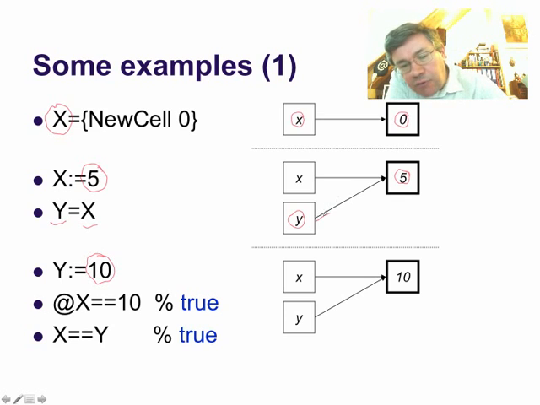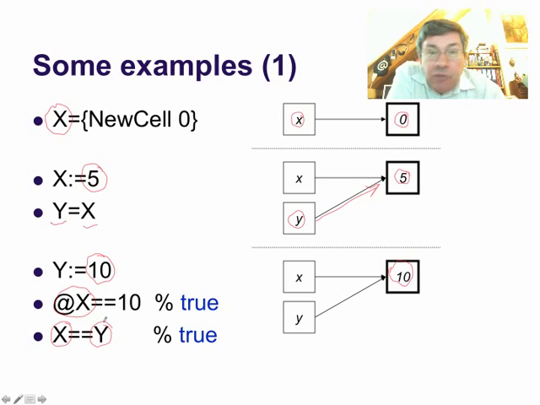Since y refers to the same cell as x, in fact we have changed this cell, this content to 10, and so x also has content 10. In fact, x and y refer to the same cell. They are bound to the same name, the same address, so if we compare them, we get true.